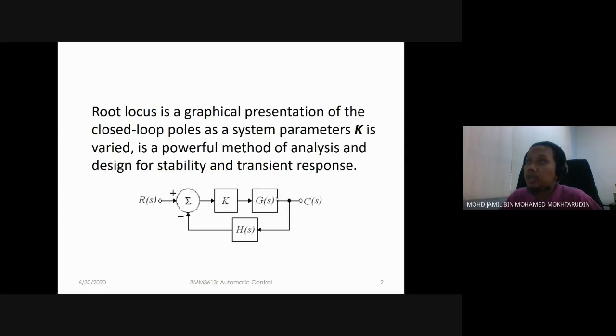So you only know the system stability without knowing what the poles are when you have a certain value of k. For example, k equals 5, what are the poles for the closed loop system? With root locus, you use a graphical representation to plot the poles when we vary k. We will see an example later.